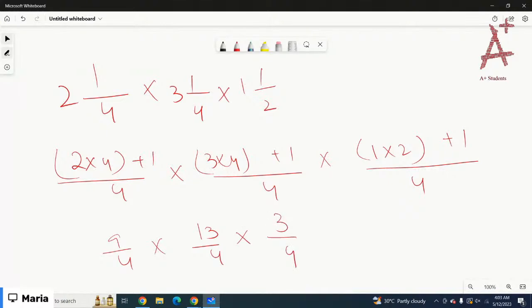Got it? When multiplying the fractions, you multiply all the numerators, divided by all the denominators. Let's multiply them. 9 times 13 times 3 would be 351, and it would be 351 divided by 64.